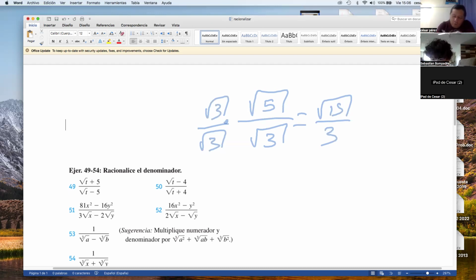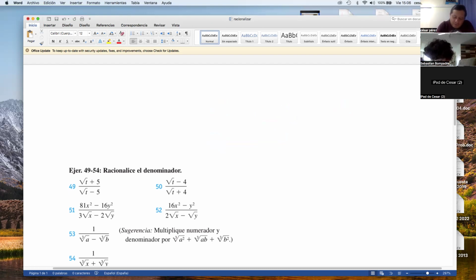But sometimes we will get an expression like this: 1 over 1 plus the square root of 2.